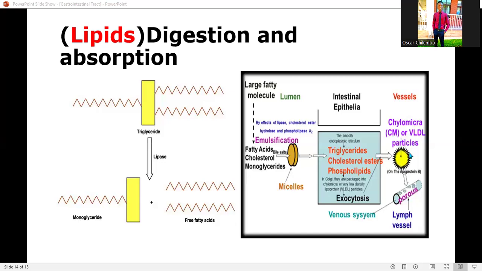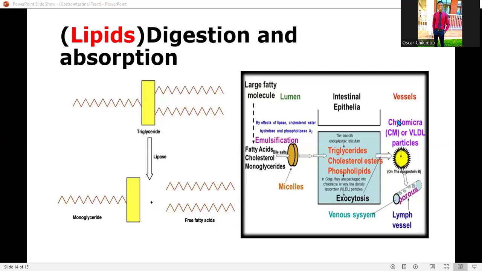They go into the lacteals, then from the lacteal they get transported via the lymphatic system. Then they go into the thoracic duct.